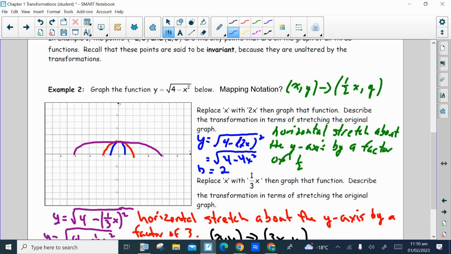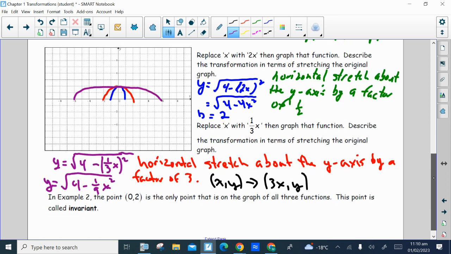But when you compare the original graph to the blue graph, it horizontally stretched by a factor of a half, but the b value was 2. A b value of 2 causes a horizontal stretch by a half, and a half is the reciprocal of 2. In the case of the last graph, our b value was 1/3, and we saw that we got a horizontal stretch across the y-axis by a factor of 3.